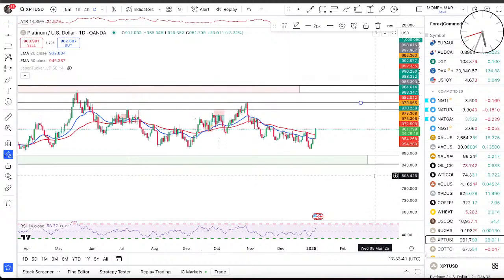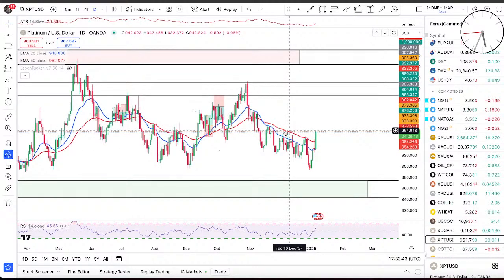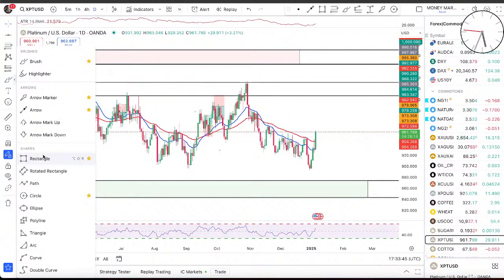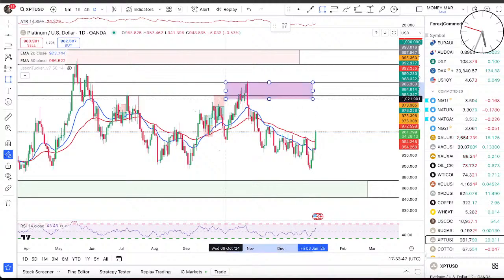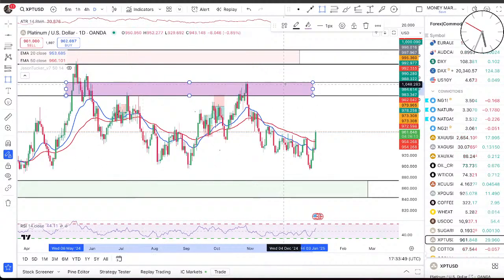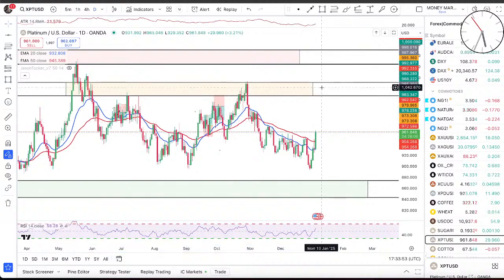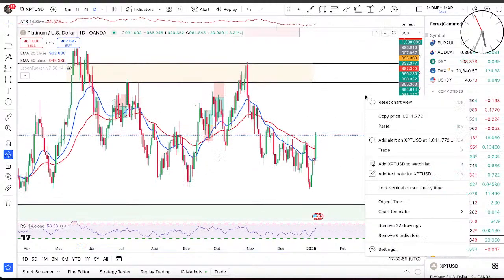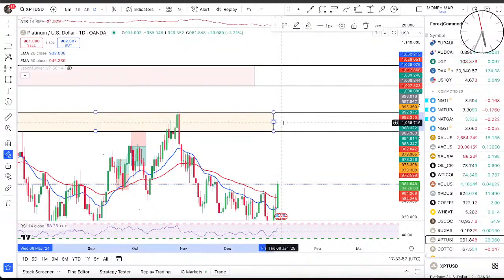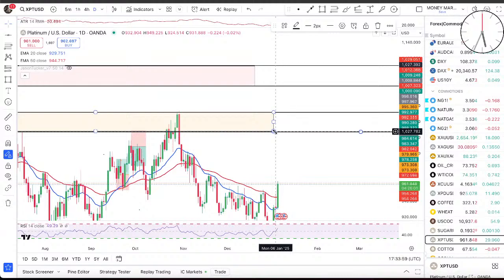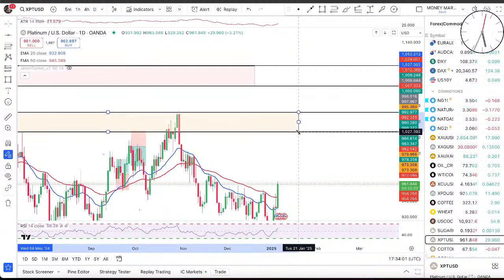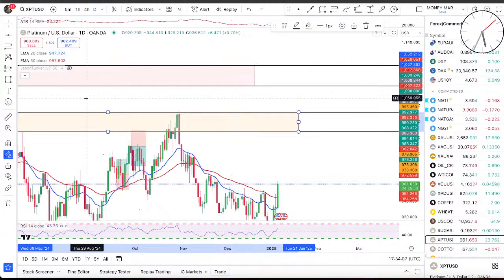Yeah, so one resistance below. $1,027.39, that goes up to $1,052.21.